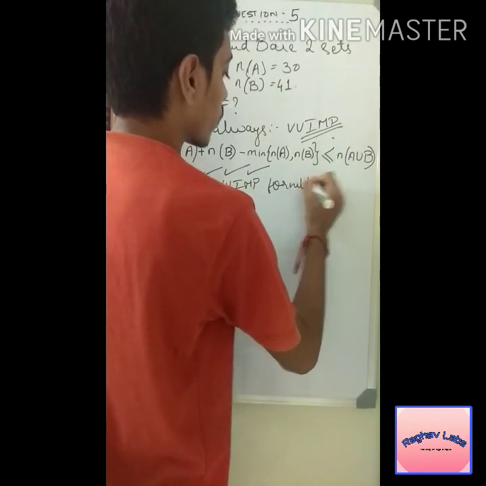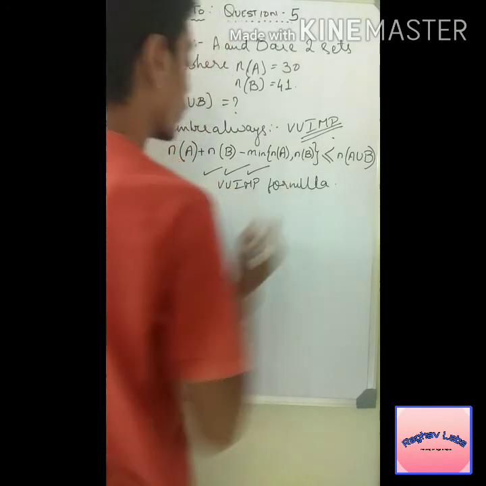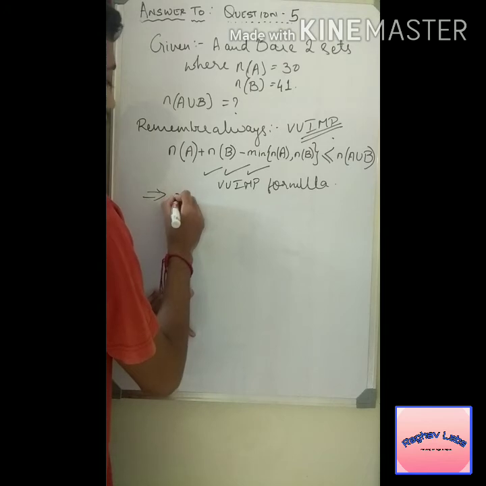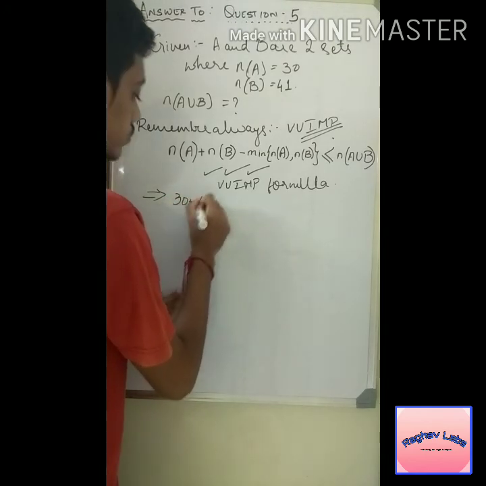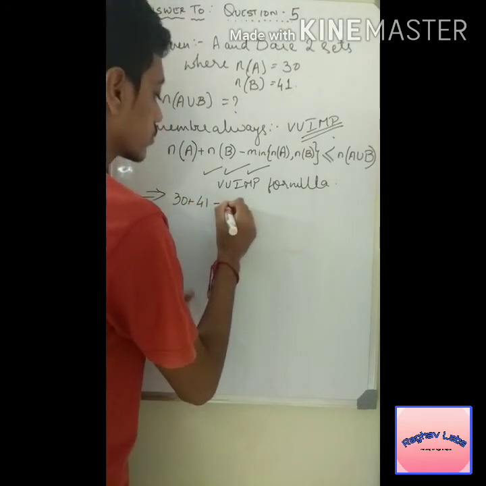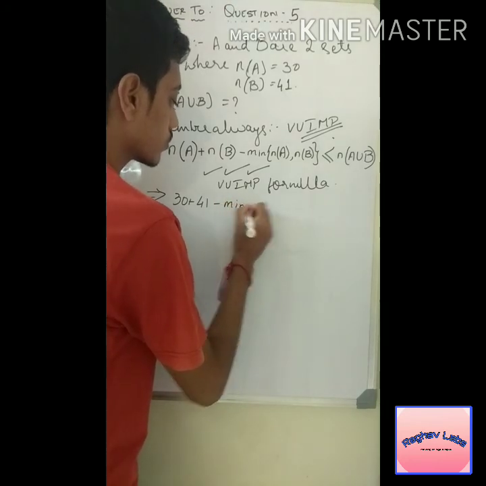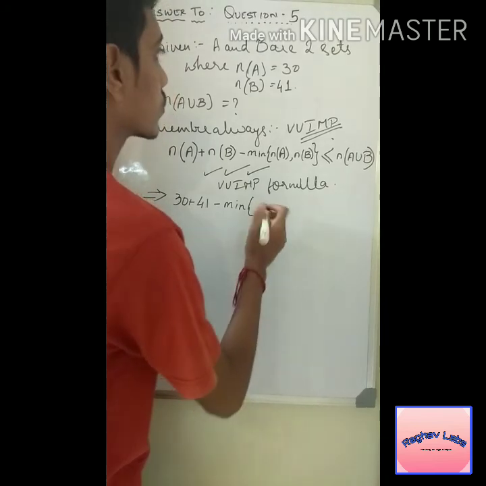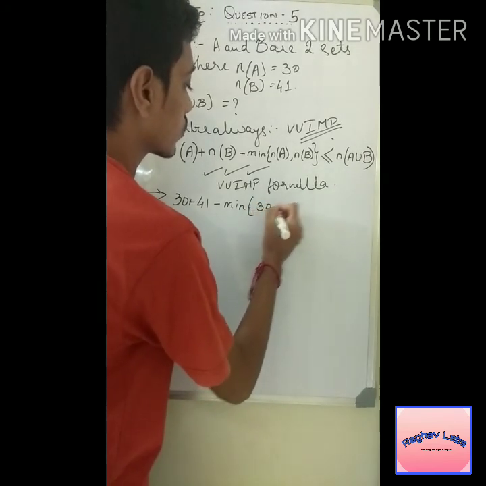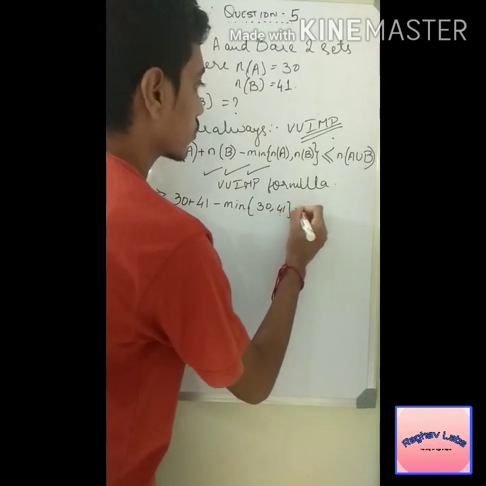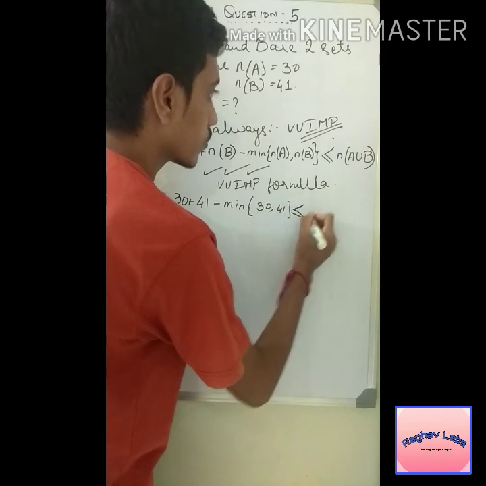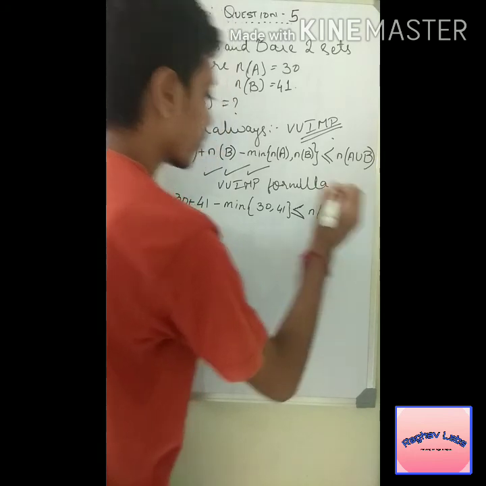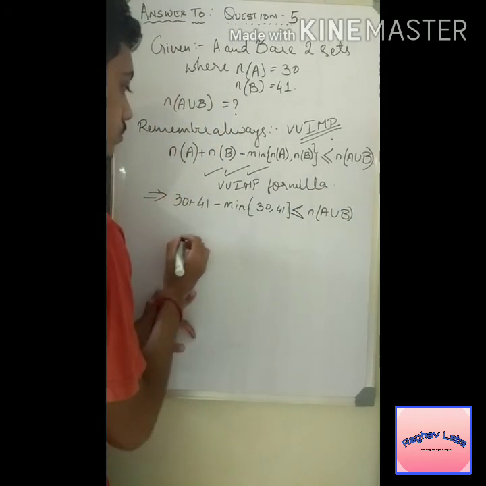So, which implies 30 plus 41 minus minimum of 30 and 41 is always less than or equal to N of A union B. Right?